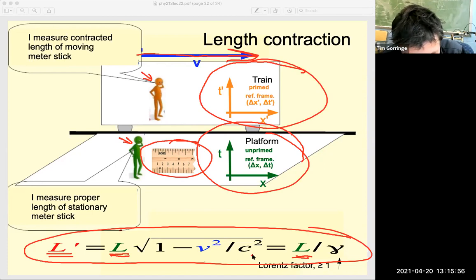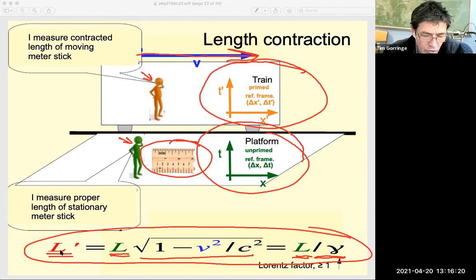And this equation is the relationship between those two lengths, the proper length and the contracted length. And the factor that multiplies the proper length to get the contracted length involves the speed, the motion of the train observer with respect to the platform observer. That factor is actually nothing other than 1 over the Lorentz factor. So the contracted length is the proper length divided by the Lorentz factor.